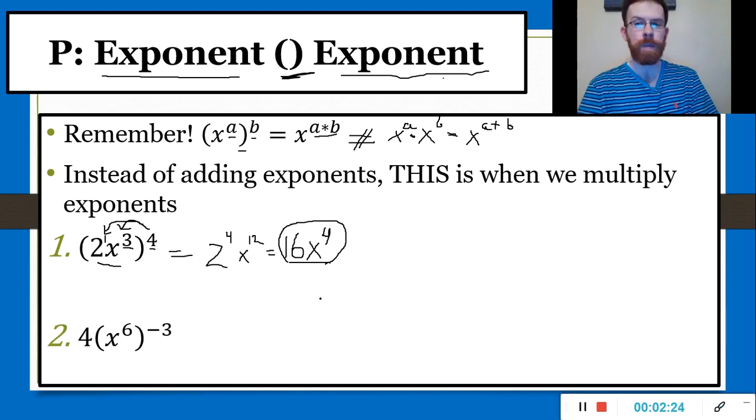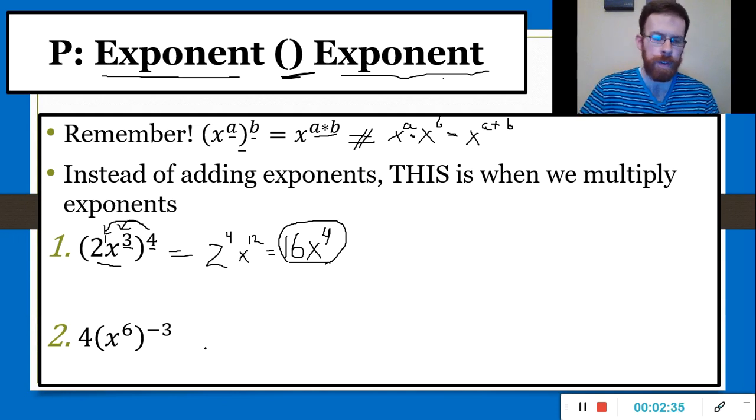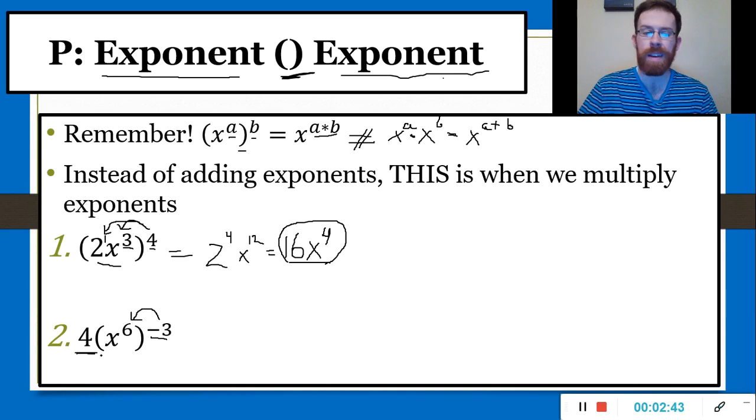Alright, this one's set up a little bit different. Your exponent parentheses exponent only affects things that are inside the parentheses. So this -3 would go to this 6, but it would not go to this 4. This 4 is by itself because it's outside the exponent.